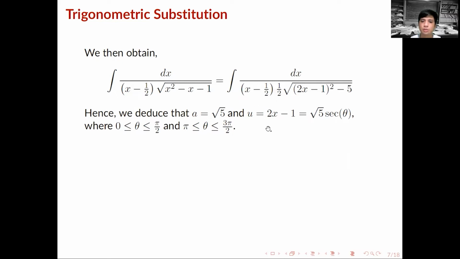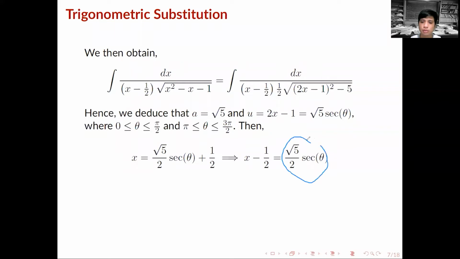And we can easily do that by manipulating this equation. After some manipulation, we will obtain this expression. X minus 1/2 is equal to square root of 5 over 2 secant theta. So we found something to substitute for x minus 1/2.